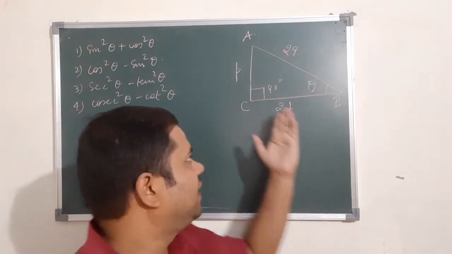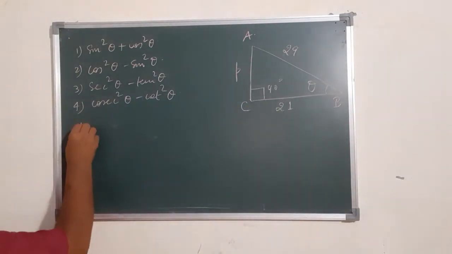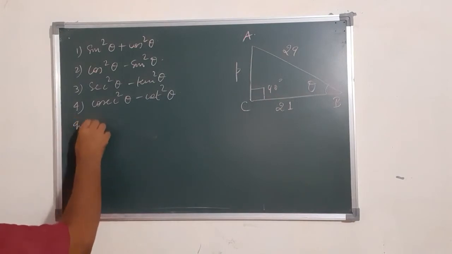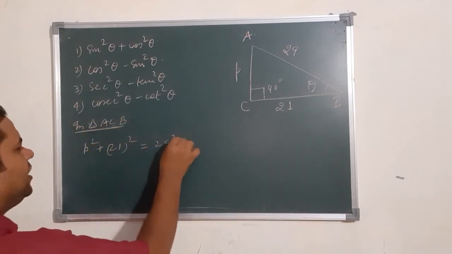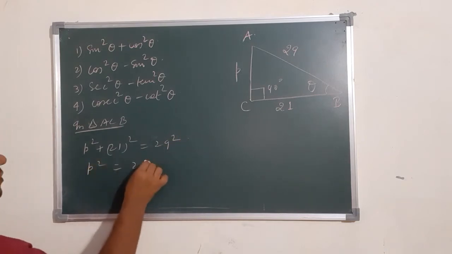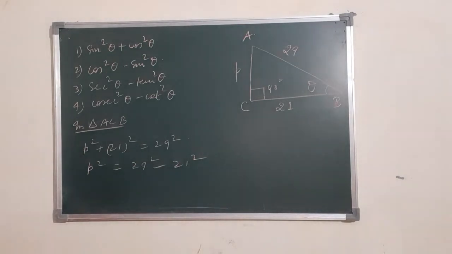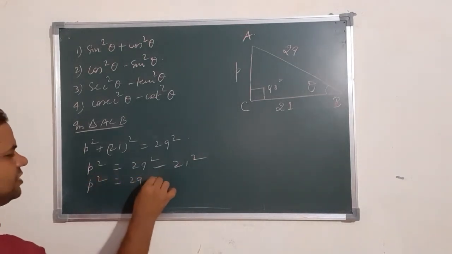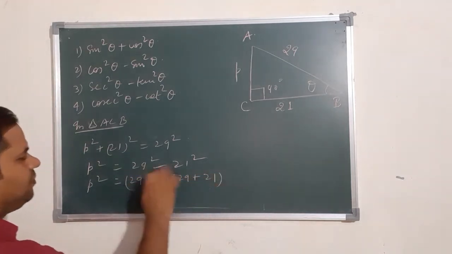So first of all, we find the perpendicular here. Perpendicular in triangle ACB: P square plus 21 square is equal to 29 square. So P square is nothing but 29 square minus 21 square. This is nothing but (29 minus 21) into (29 plus 21), because we have to use a square minus b square as a plus b and a minus b.